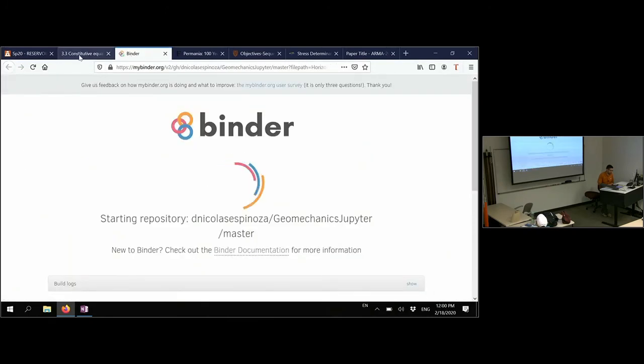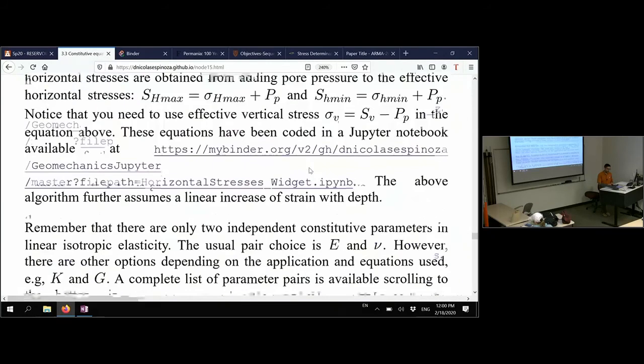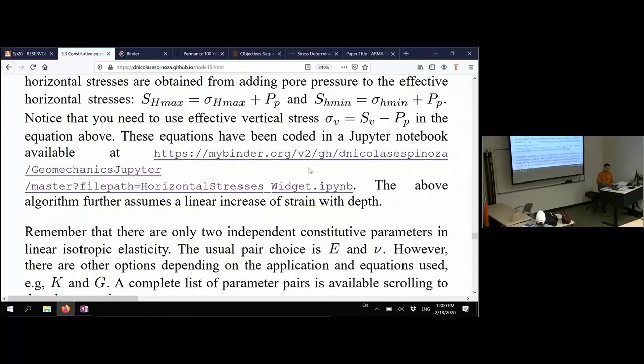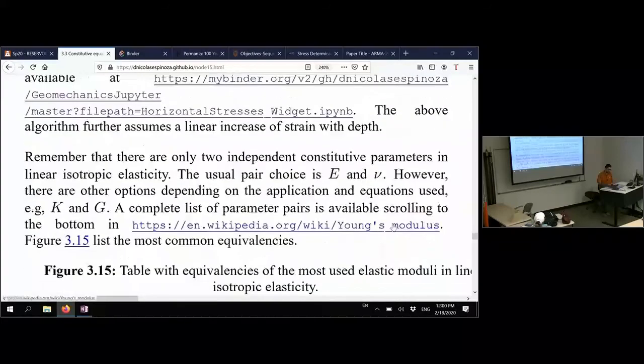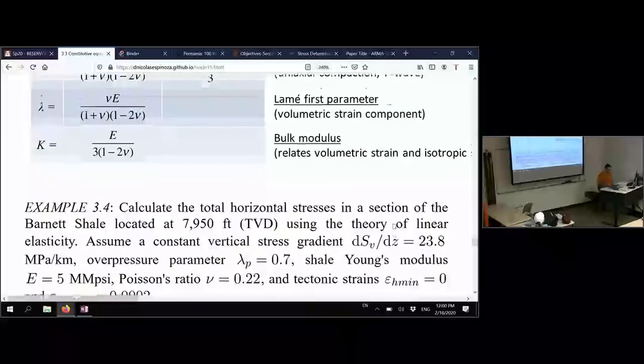This is just an example in which I use these equations to show the effect of the tectonic strains. The higher the tectonic strain, the higher the stress, and at some point that's going to reverse the stress regime, in which the horizontal stress may be larger than the vertical stress.